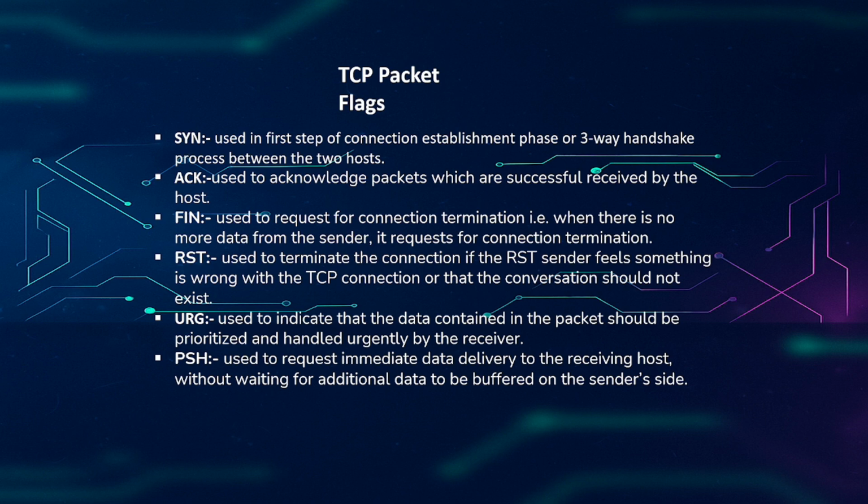The acknowledgement packet is flagged as ACK, which is used to acknowledge packets which are successfully received. FIN is used to request connection termination when there is no more data from the sender. And then you also have RST, which is used to terminate the connection if the sender feels something is wrong and the TCP conversation should not exist at all.